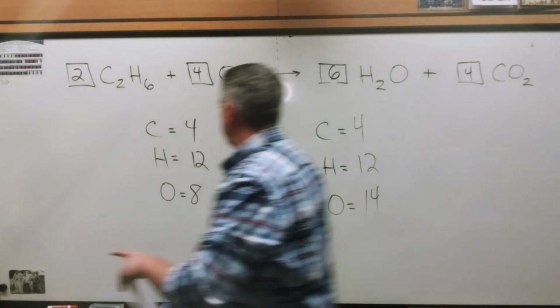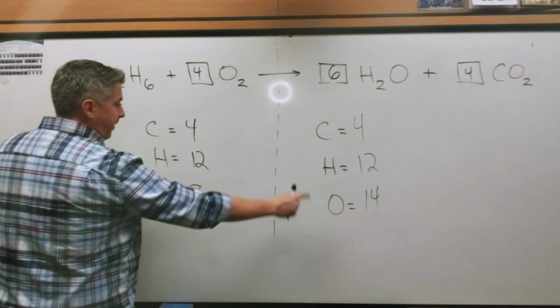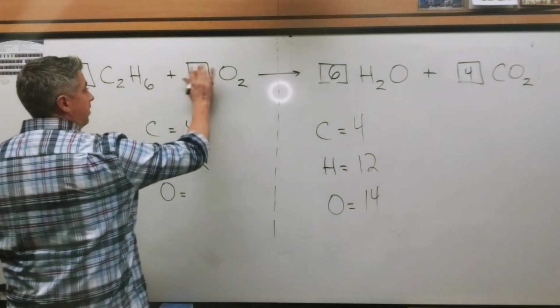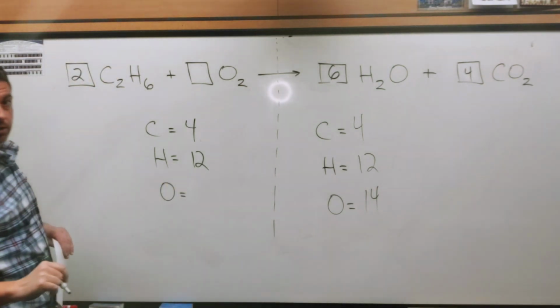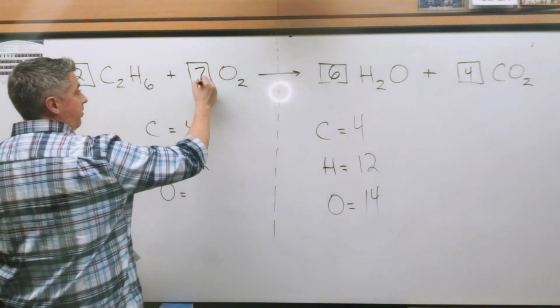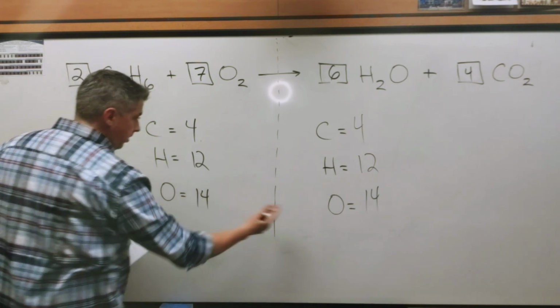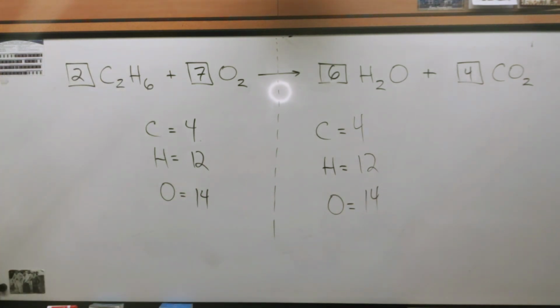Come to this side. My C's match, my H's match, but not my O's. So I got to change my O's. Well, I'm trying to get 14. If I put a 7 right here, 7 times 2 is 14. And there. Now everything matched.